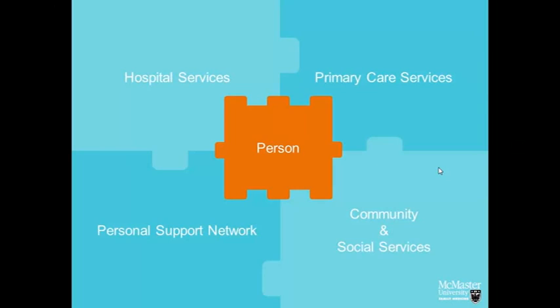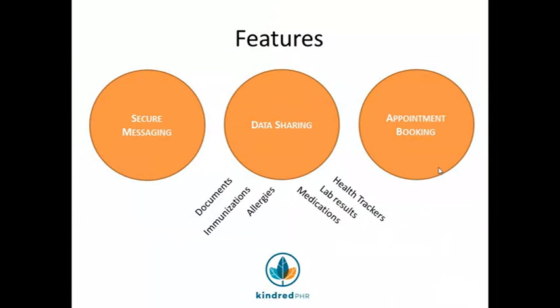We recognize that the person has many touches with the healthcare system, including hospital services and community and social services that they are receiving care from, and then, of course, their personal support network. So we've started to pull information from a few of these areas into the personal health record, but this slide is really presenting the overview of what we would love to see accomplished at a large scale in a connected vision for a person. So that's more of the inspiration behind the personal health record.